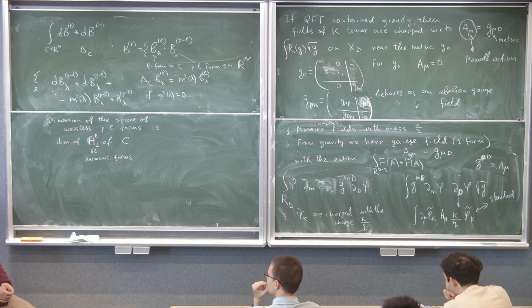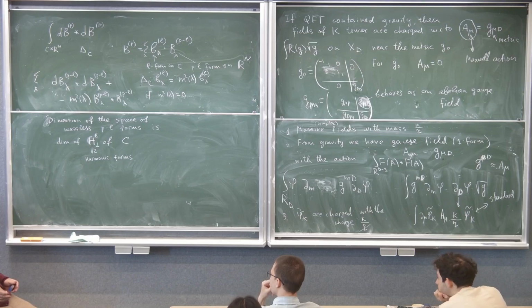In particular, in the world around us, we have some number of massless or nearly massless fields. If the world around us came from a higher dimensional world under compactification, we could see the topology of the space C.